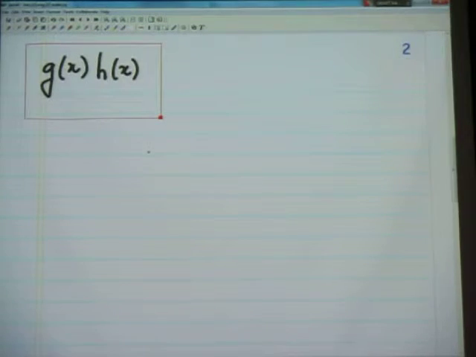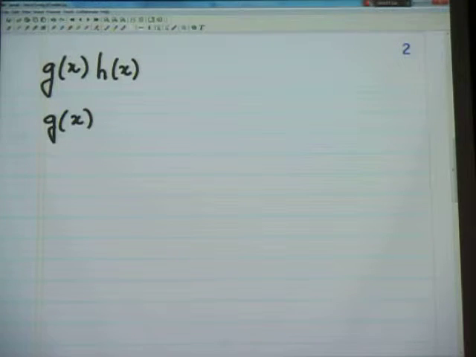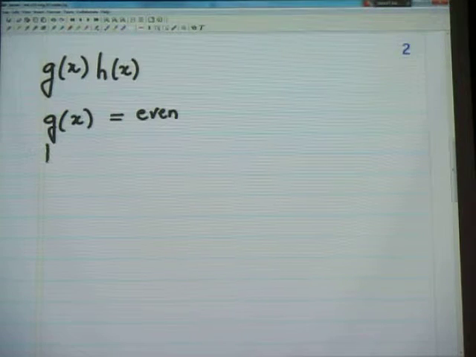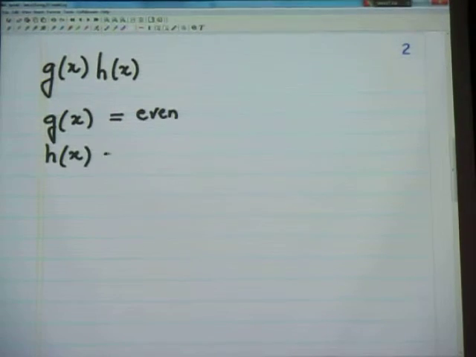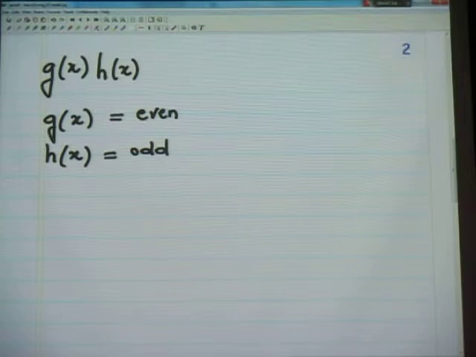So you look at the product of G times H, where G is an even function and H is an odd function, right?